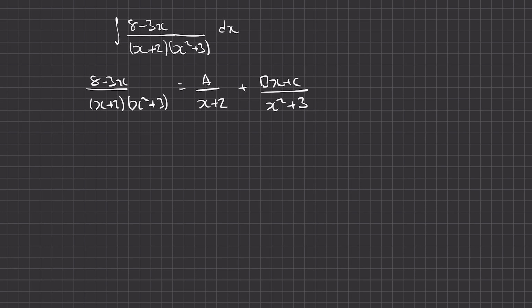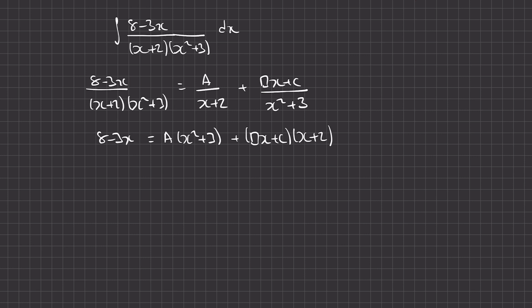So we'll multiply both sides by this denominator. So we get 8 minus 3x, because it will cancel from the left-hand side, will equal A lots of (x squared plus 3) plus (Bx plus C) lots of (x plus 2).